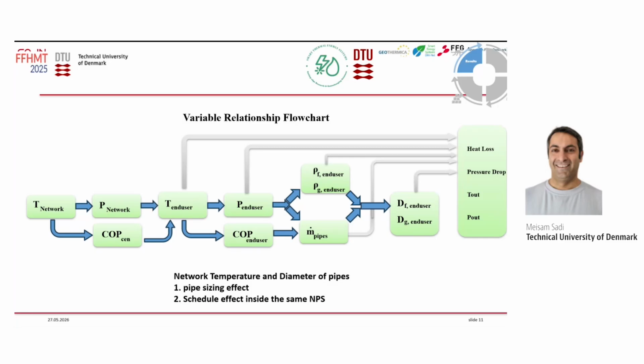These jumps between the standard pipe sizes and the schedules of the pipes could impact the flow area, the pressure drop, and the amount of energy that we consume, and those are the reasons that the system responds non-monotonically with the temperature.